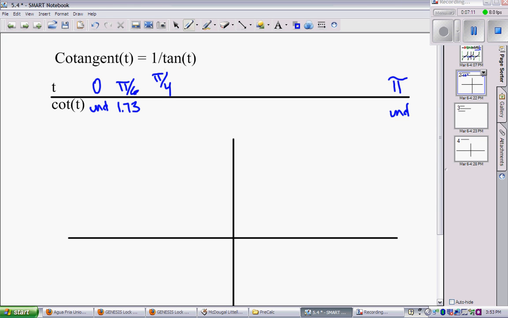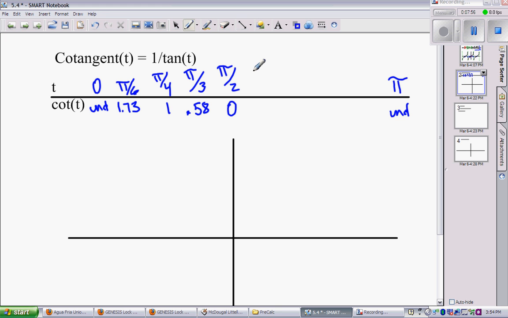Oh, we're going to start seeing a pattern. Pi over 4 gives us 1. Pi over 3, but it's going to be 0.58. Oh, well, I was right. 0.58. Pi over 2, you get out 0.